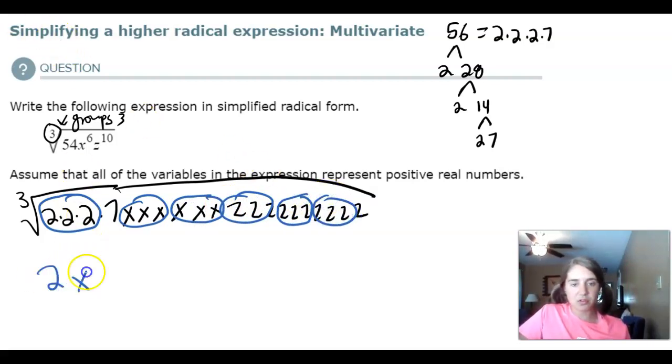A 2, 2 x's, 3 z's come out, and then a 7 and a z are left on the inside.